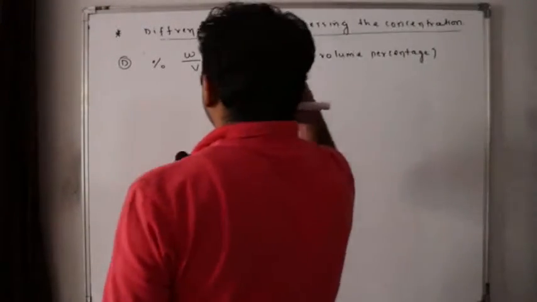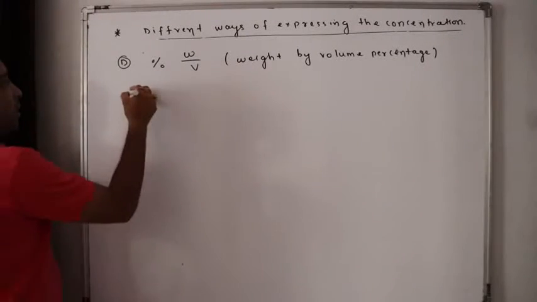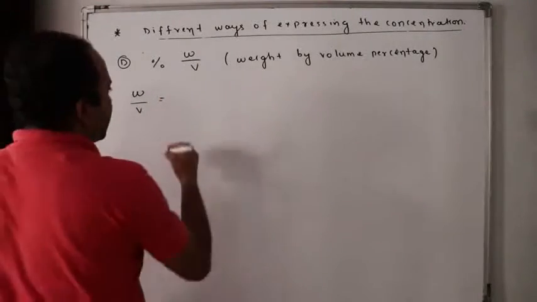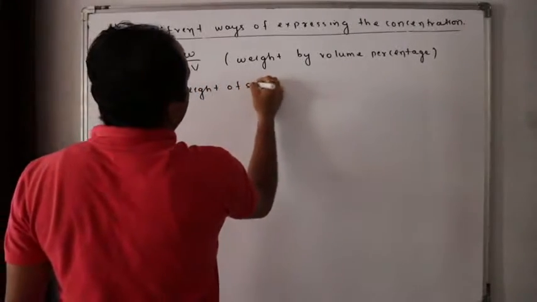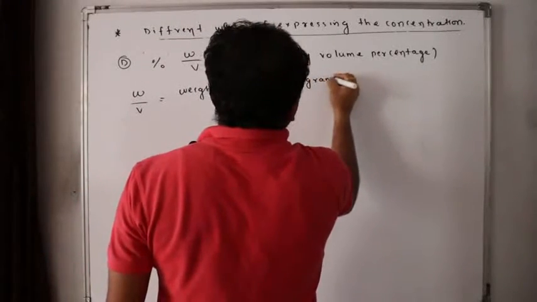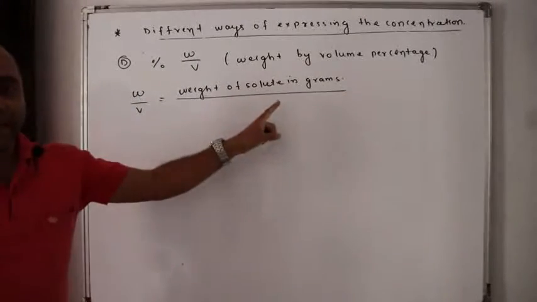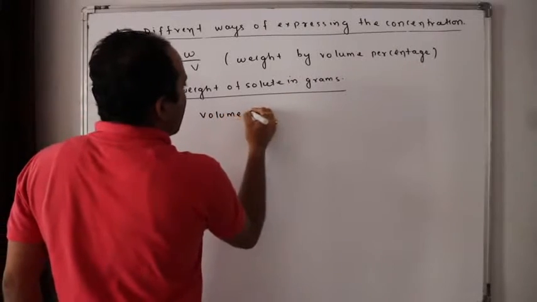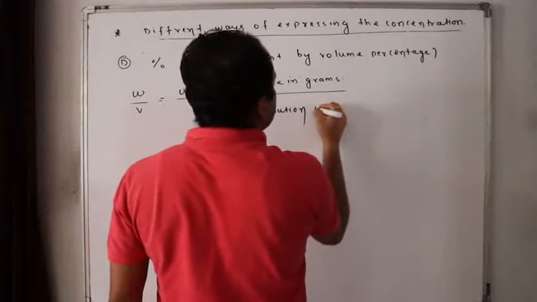This is weight by volume percentage. Okay, what is this weight by volume percentage? W by V means what? Weight of solute in grams divided by volume of solution.